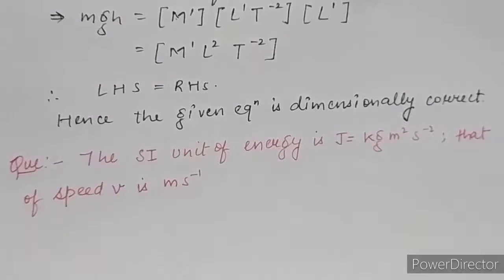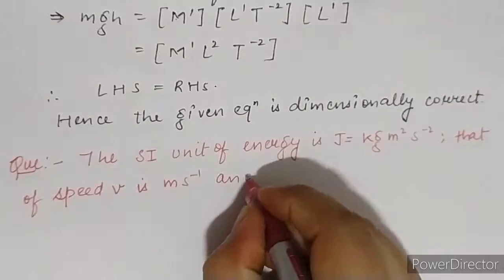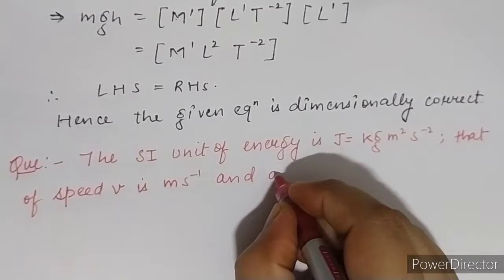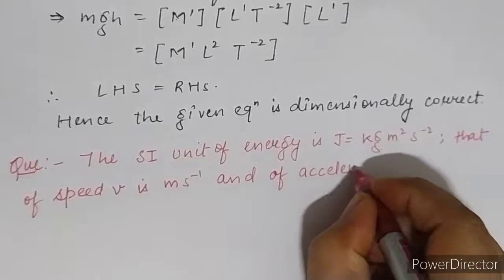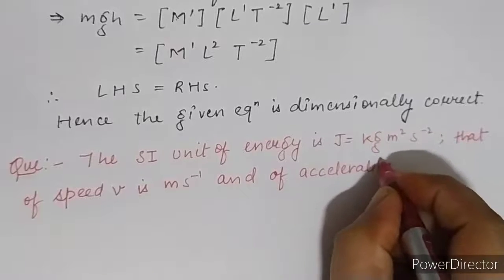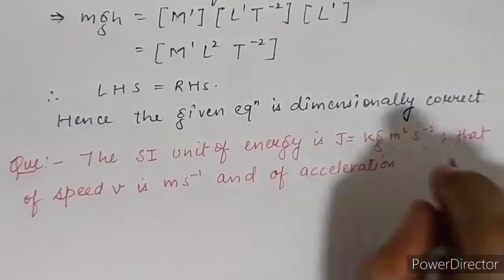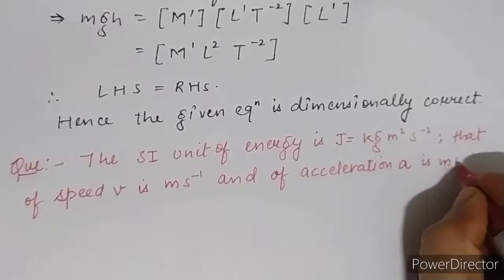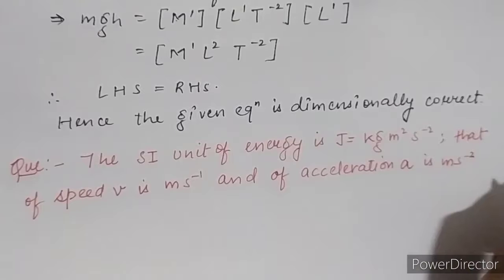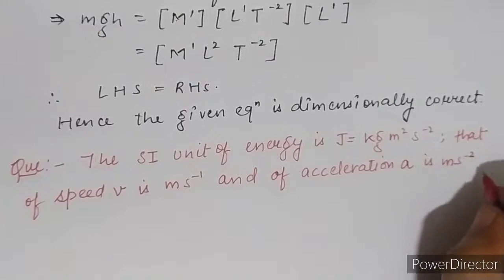You know the unit of speed is meter per second, and the unit of acceleration is also given. What is the unit of acceleration, beta? Meter per second square, M0 L1 T minus 2.